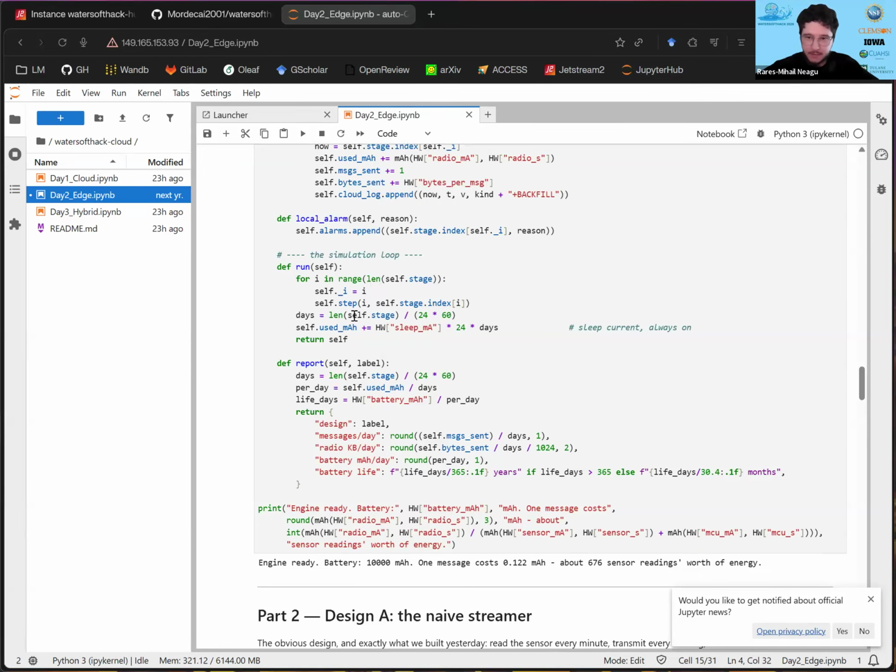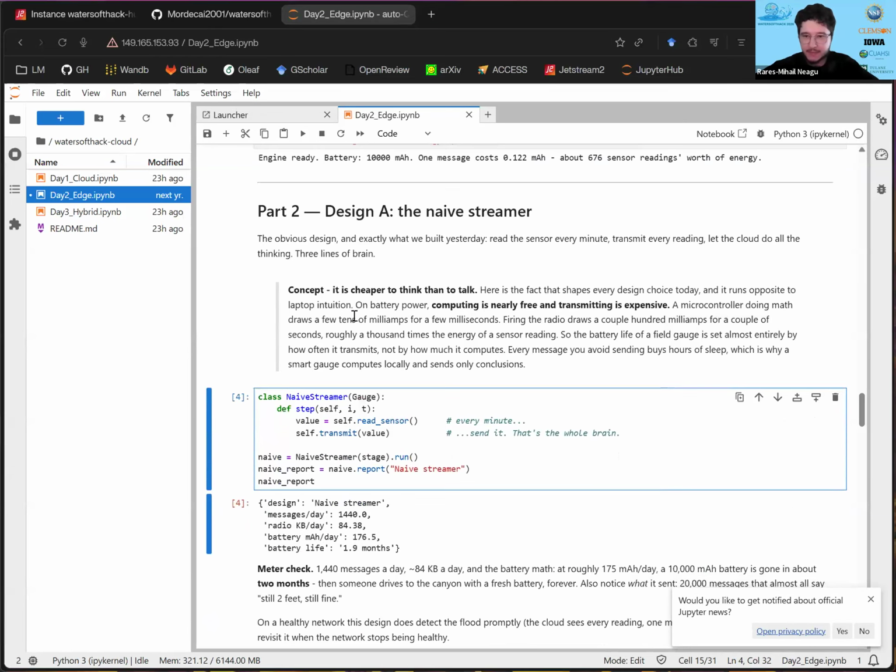Whenever I make a child class like naive streamer or the next gauge we're going to create, this pattern is called polymorphism. What polymorphism actually is: I can have the basic functionality in the parent class, but in the children classes, I can have different forms of a specific function. So these different forms will have different brains. This is called polymorphism, and it's a very important application of object-oriented programming.